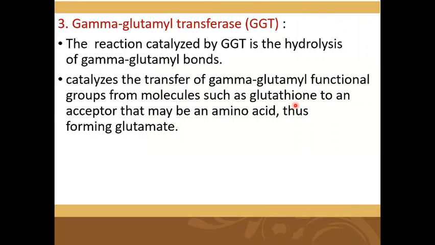Gamma glutamyl transferase: the reaction it catalyzes is the hydrolysis of gamma glutamyl bonds, catalyzing the transfer of the gamma glutamyl functional group from molecules such as glutathione to an acceptor molecule, which may be an amino acid, and thus a glutamate is formed.